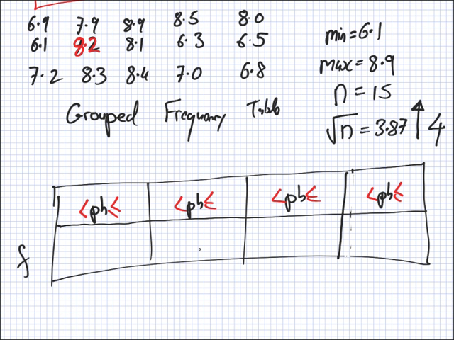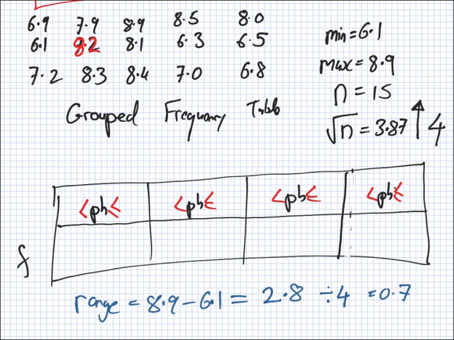So what we need to work out first is how big the data range is. So what is the biggest minus the smallest? So what would that be there? 2.8. Now, if you divide that by 4, you'll get 0.7, but this isn't a good number to use, because if you start here at 6.1, then you go up by 0.7 until you get to 8.9.